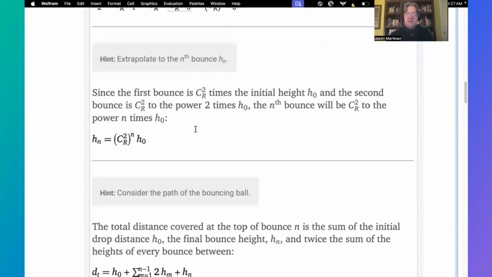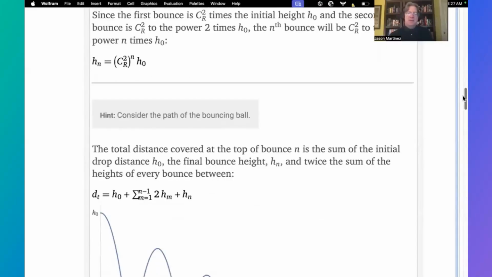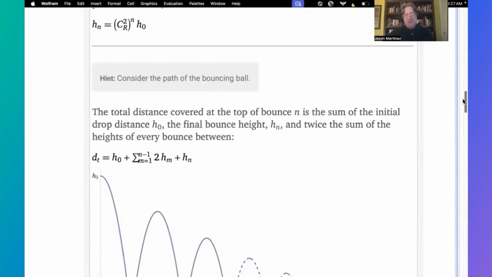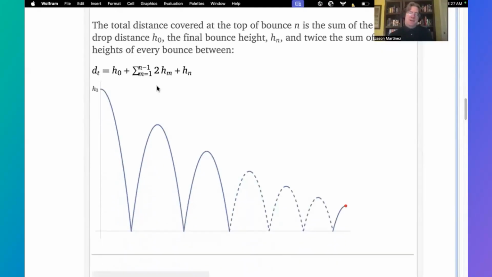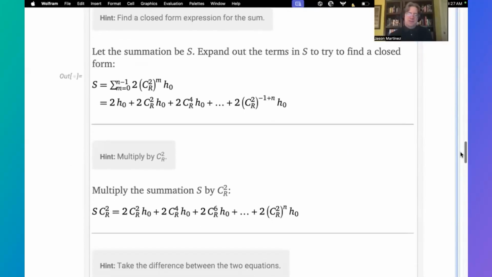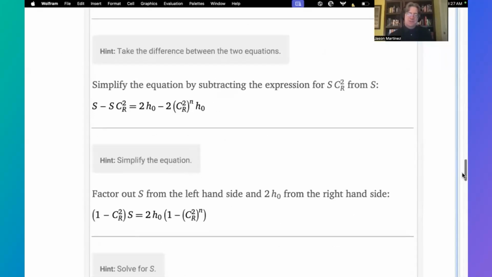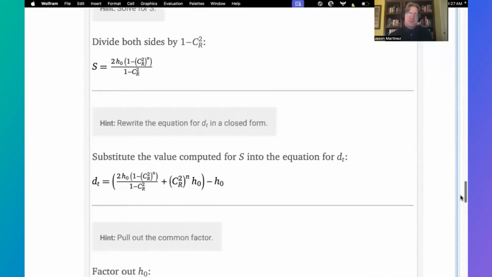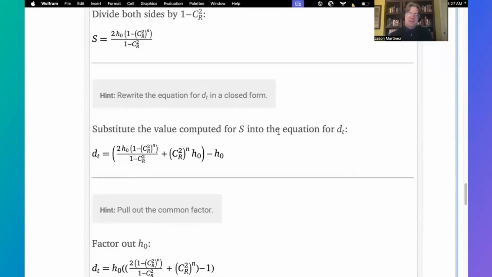We can use that to work out, okay, we got to go up, we got to go down, then up, then down, then up, and so forth. And that's a finite sum. We do that calculation, and after simplifying those various terms, we can finally get the height covered from the drop point to the height of the third bounce.